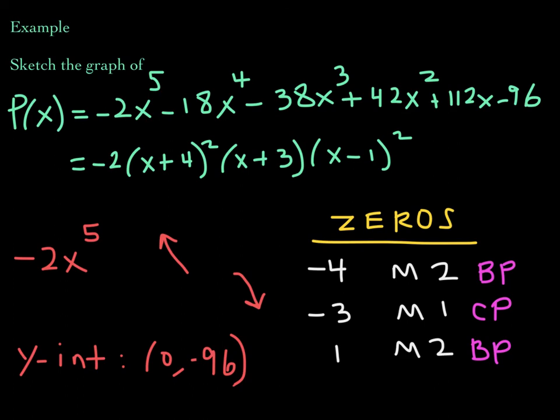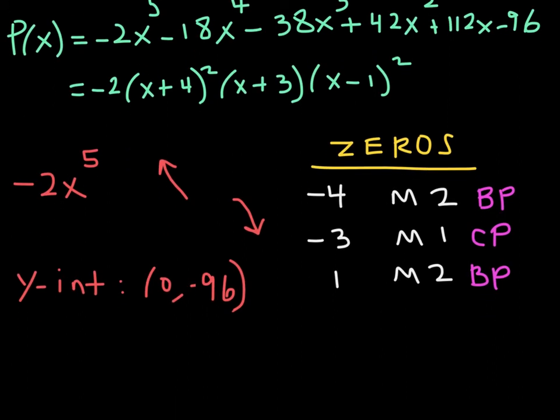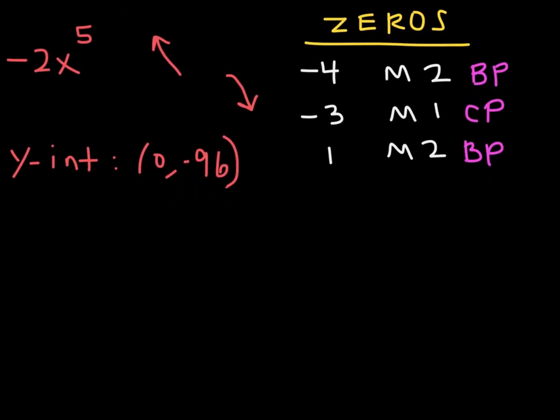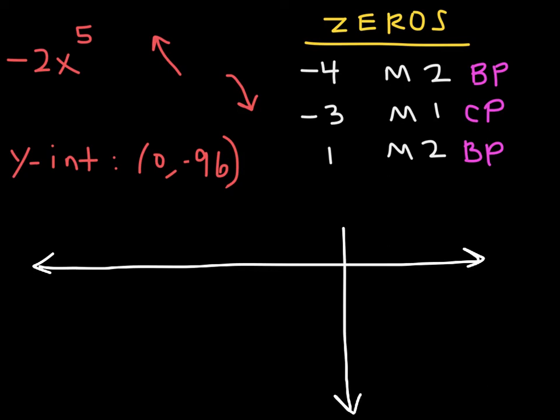With my end behavior, my y-intercept, and all of my x-intercepts and their multiplicity, I can sketch the graph of the function. So let me do that now, down here. And remember, it's just a sketch, everybody, because we're doing this by hand. There's my x-axis, and here's my y-axis.